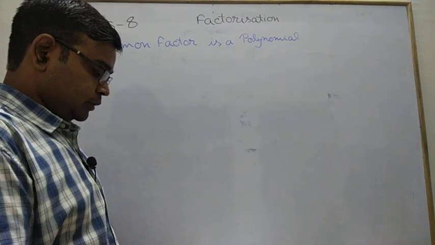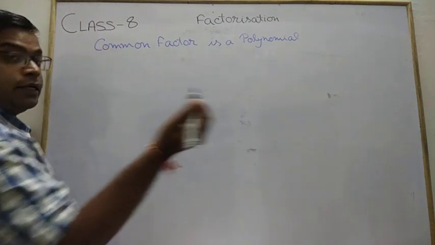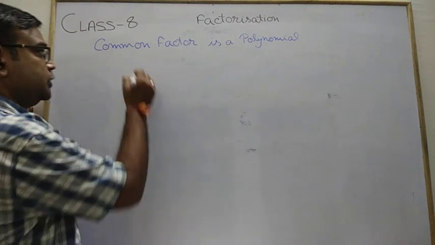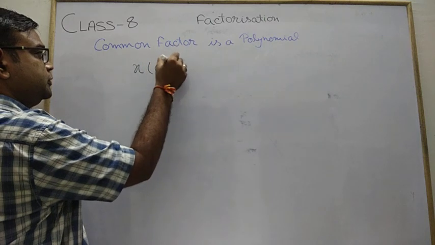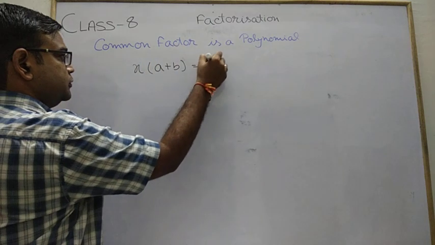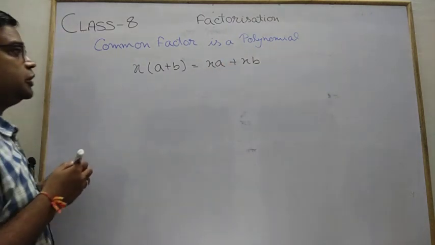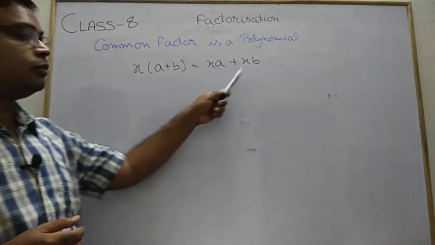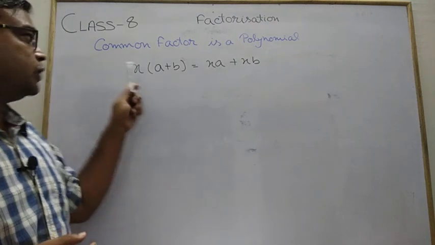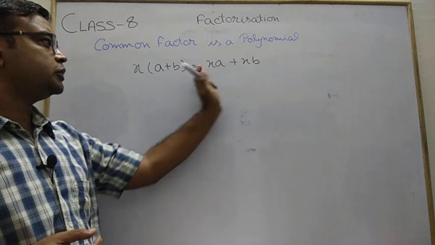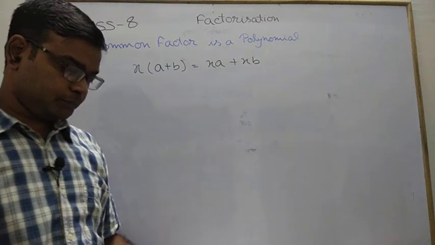In our last videos, in the case of a monomial, we discussed this type of factorization. This is the general form of factorization when the common factor is a monomial, that is x. Here x is a variable, suppose x is the common one, and a and b are other variables or numbers.